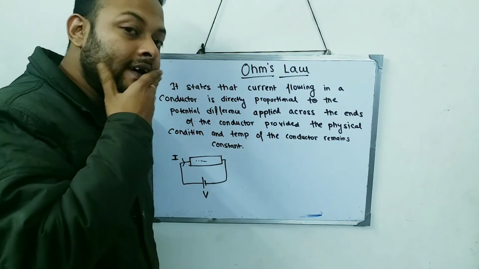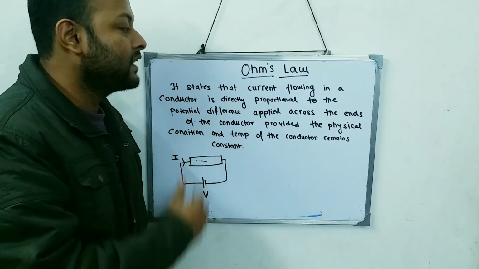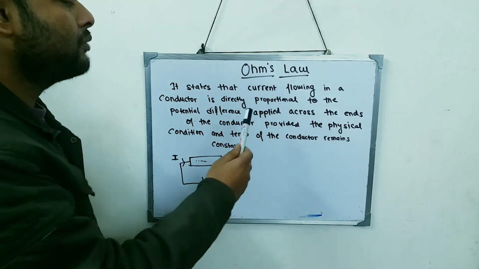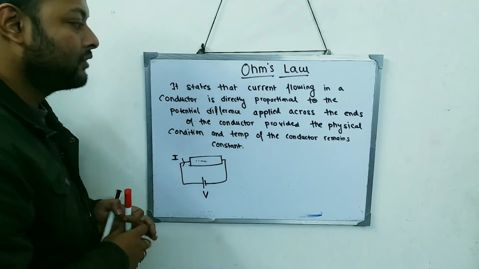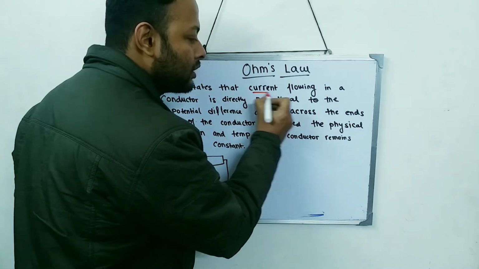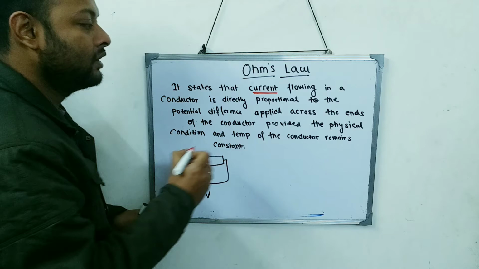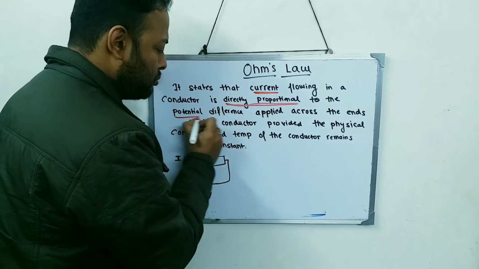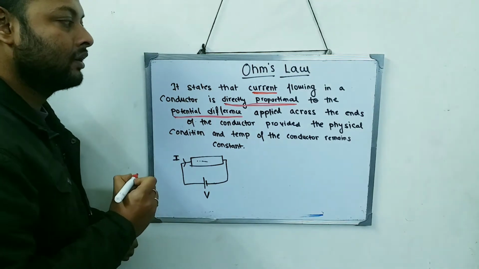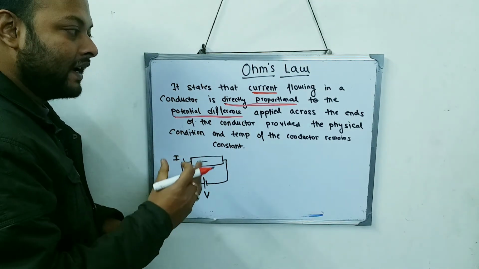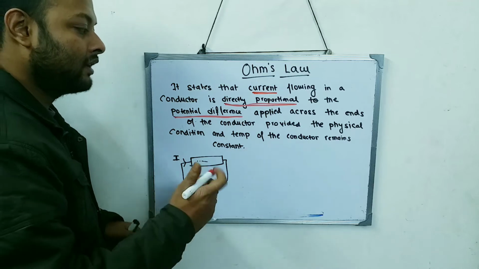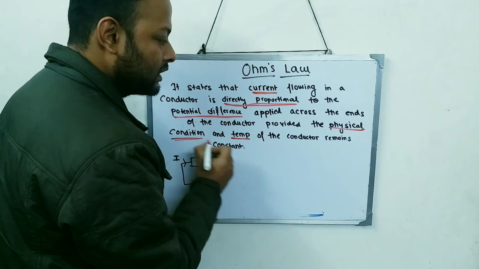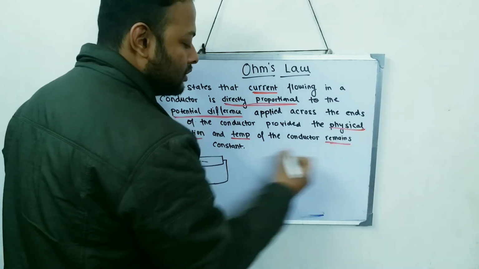So this is the exact definition of Ohm's law. It states that the current flowing in a conductor is directly proportional to the potential difference applied across the ends of the conductor, provided that the physical conditions and temperature remain constant.